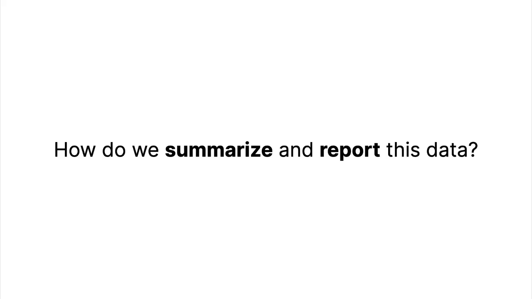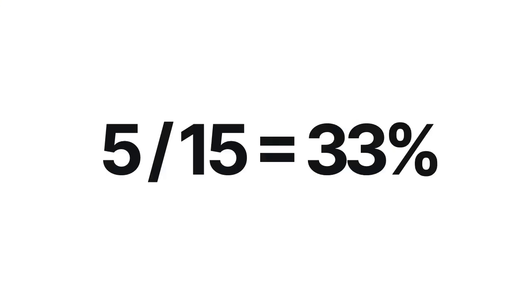Now, how do we summarize and report this data to fellow educators and our students' family members? Well, we typically do so by reporting the percentage of intervals during which the target behavior was observed. For example, Luke left the classroom without teacher permission during 5 out of 15 intervals during our 45-minute observation period, or 33% of our intervals observed.